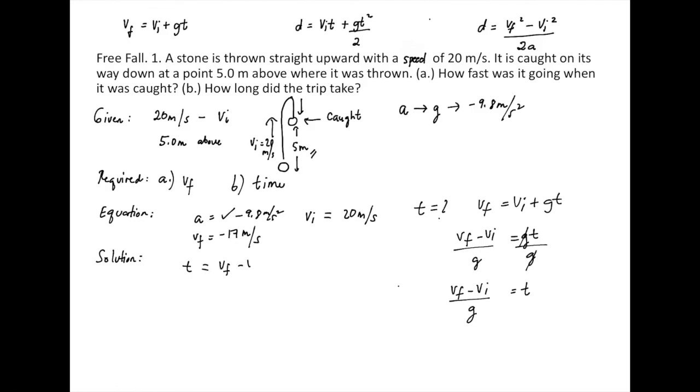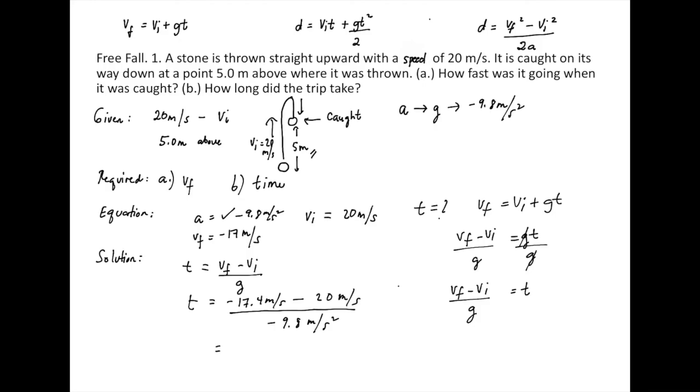We have VF minus VI over G. Substituting these values, we have negative 17.4 meters per second minus the initial velocity, which is 20 meters per second, divided by negative 9.8 meters per second squared. Let me press my calculator first.